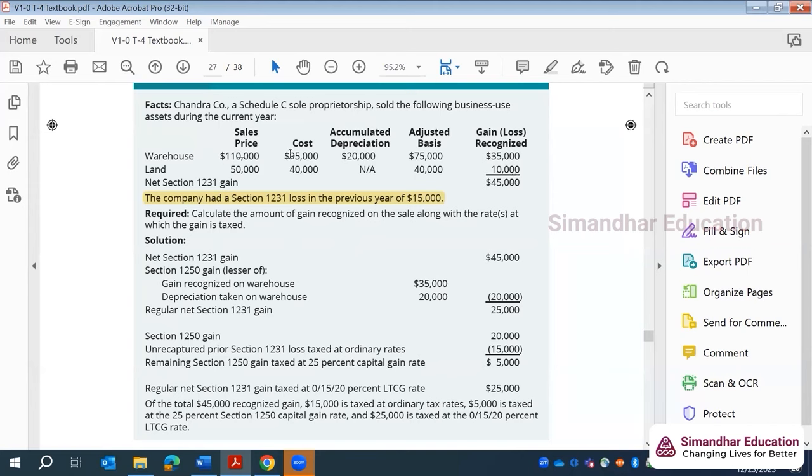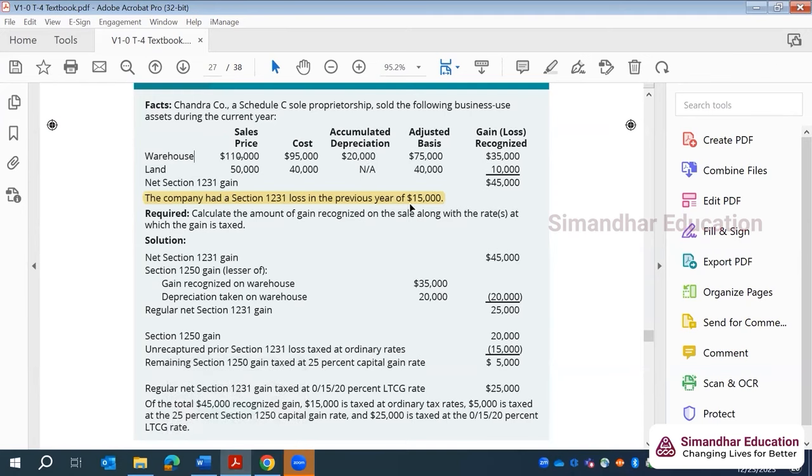If you see, my cost is 95 and I'm selling it for 85. So am I selling it over and above the cost? The answer to that is no, right? So the entire gain that I have is because of the depreciation that I have taken on the property. So what will be my character of that gain?